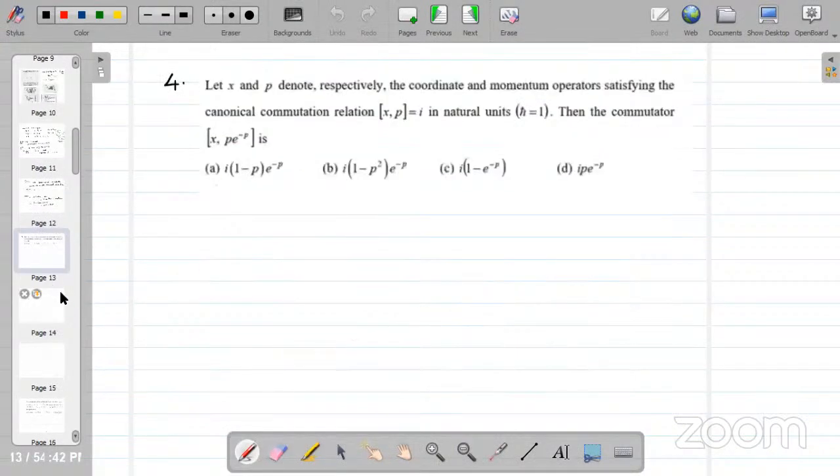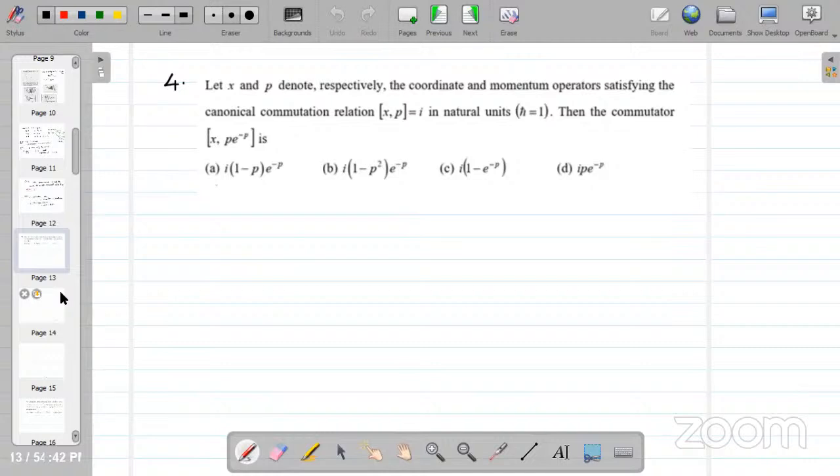Okay. So please go through question 4. They have given the X operator and P operator, the coordinate and momentum, satisfying the canonical commutation relation x comma p is equal to i in natural units.